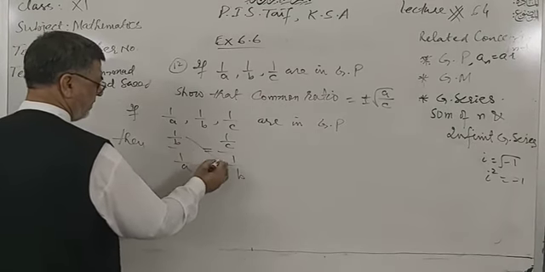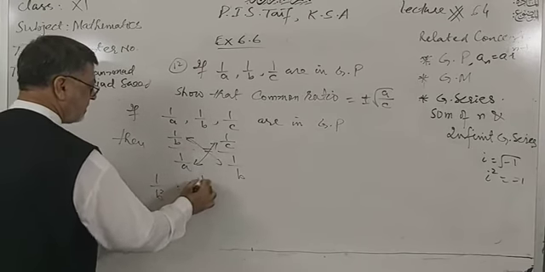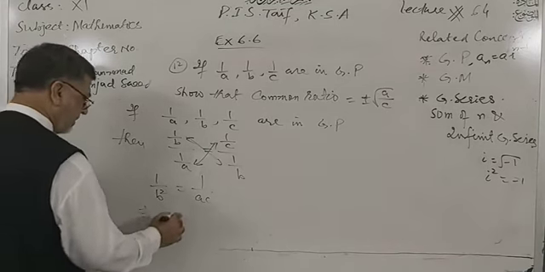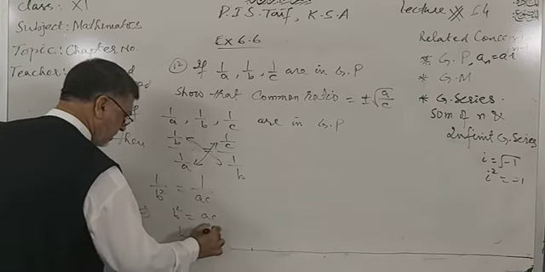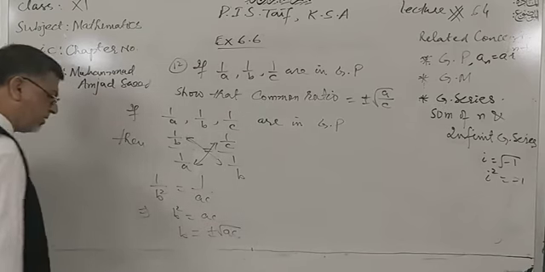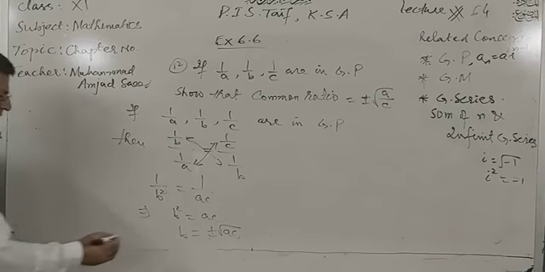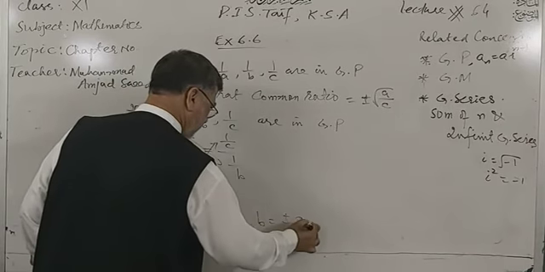Now you can do cross multiplication: 1 over B square is equal to 1 over AC. Again cross multiplying, B square is equal to AC. Taking the square root on both sides, B is equal to plus minus square root of AC.